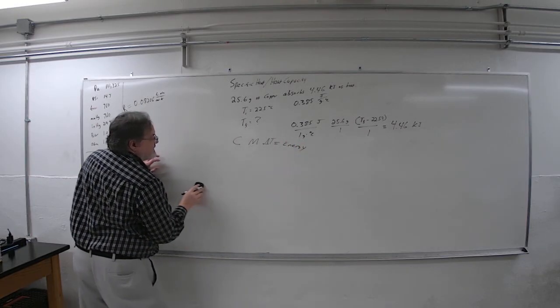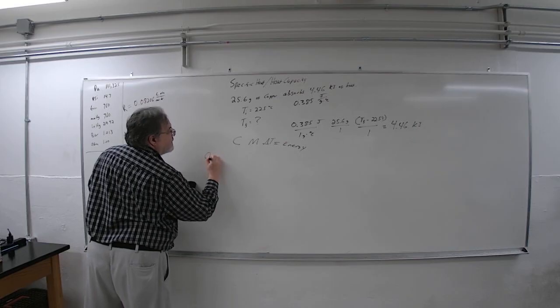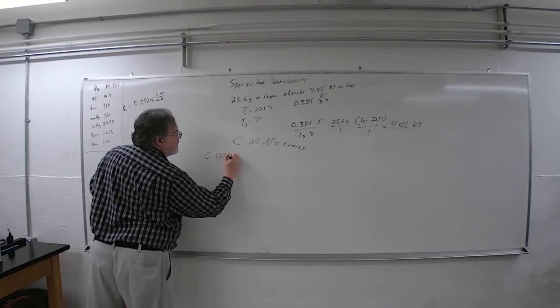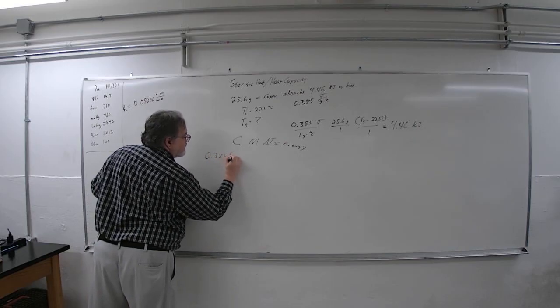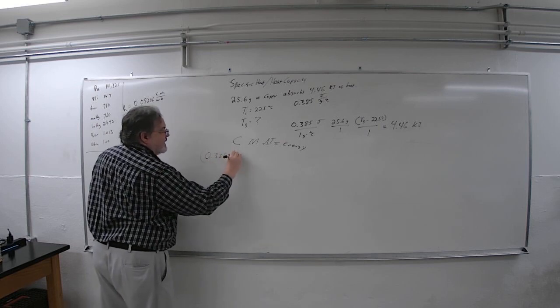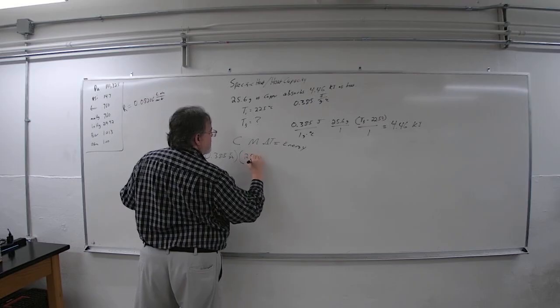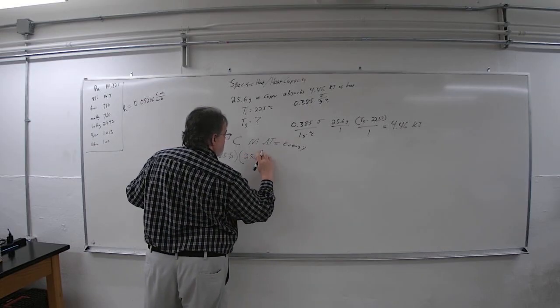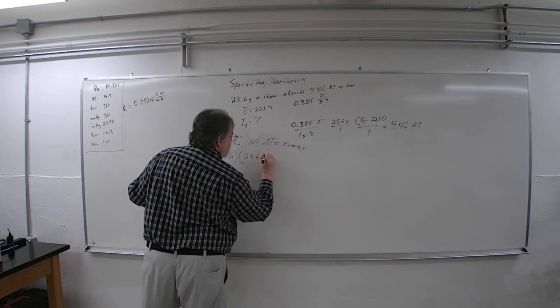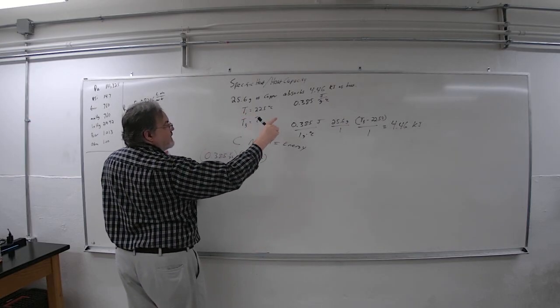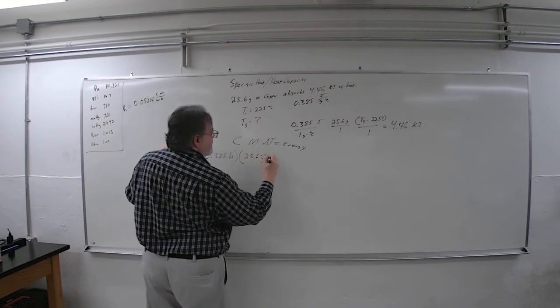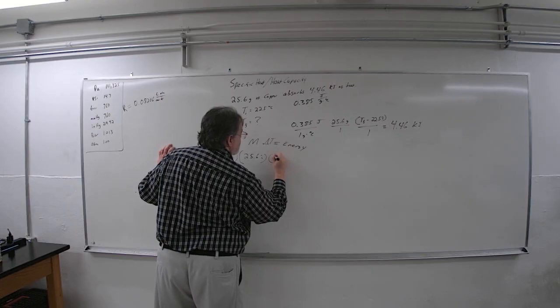I'm going to do heat capacity first: joules per gram per degree C. Heat capacity times the mass, and then the delta T, which is final minus initial.